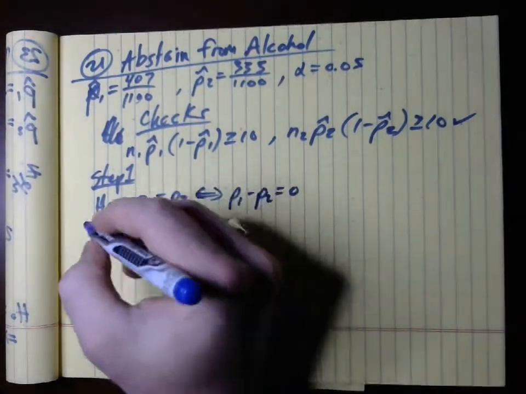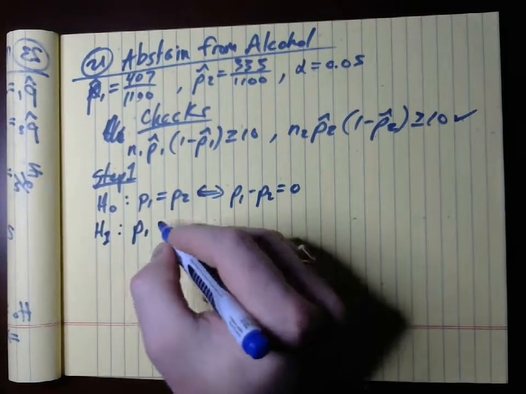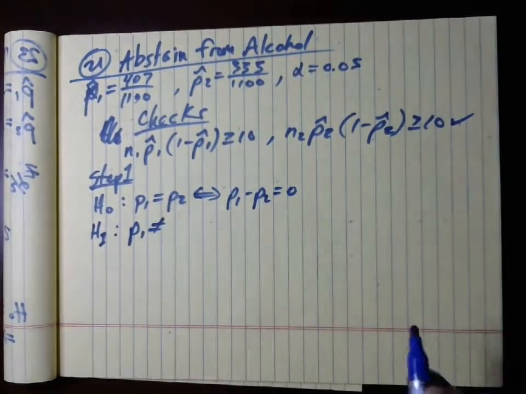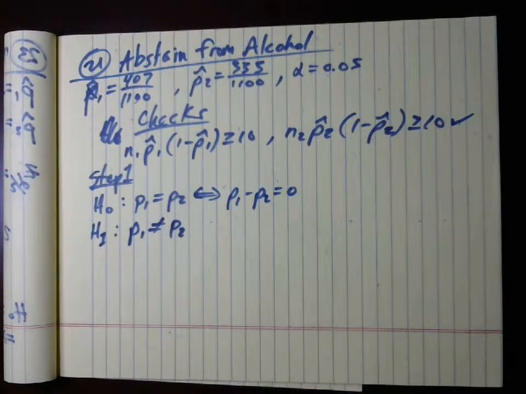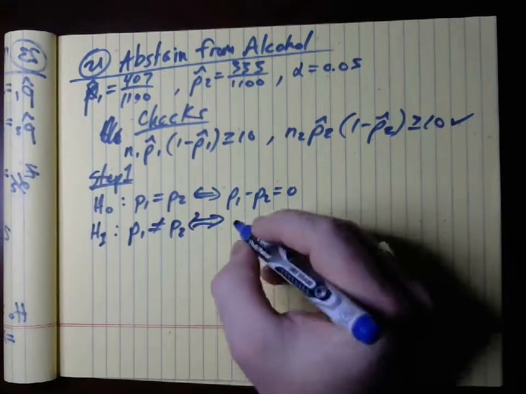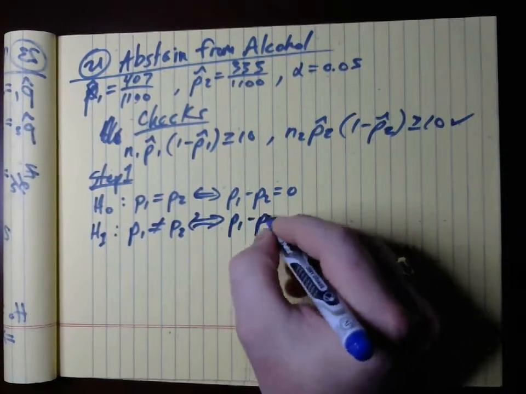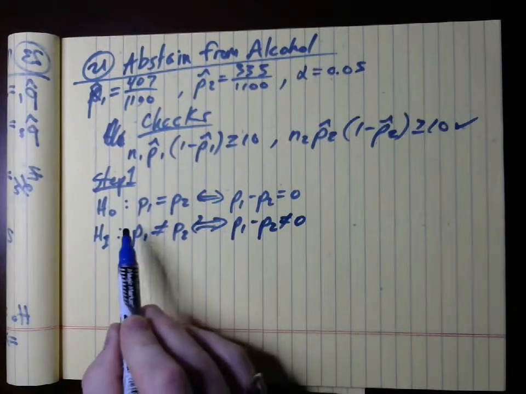The alternative hypothesis, since it is a two-tailed test, is not equal. We're comparing two different populations. That is equivalent to saying P1 minus P2 is not equal to 0, by subtracting P2 on this side.